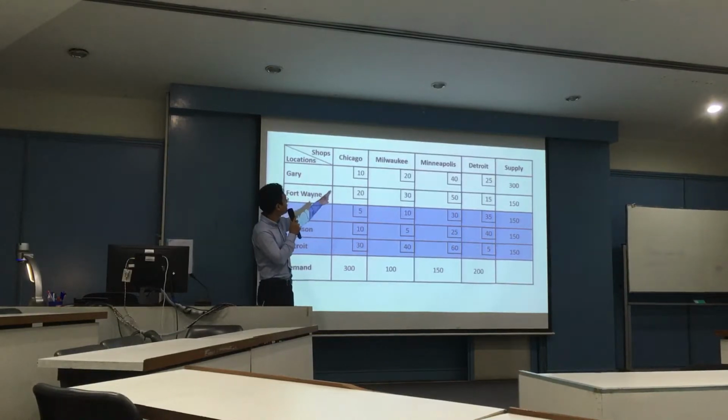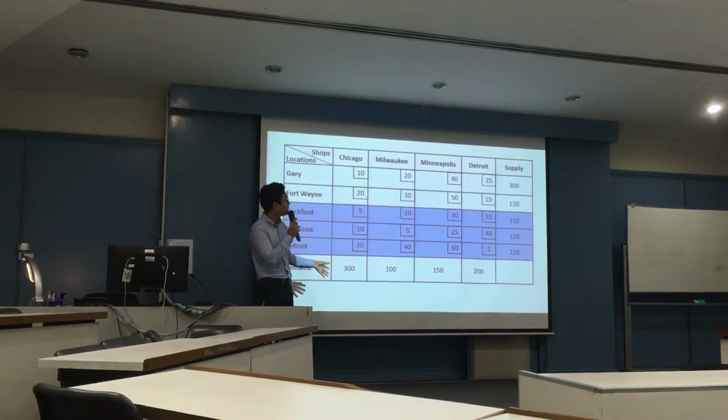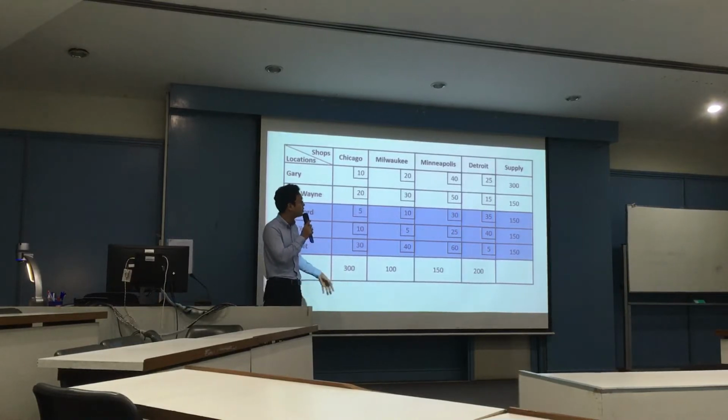In the columns are the shops they have to deliver to. The demand now exceeds the supply: the real demand for Chicago is 300, Milwaukee 100, Minneapolis 150, and Detroit 200.